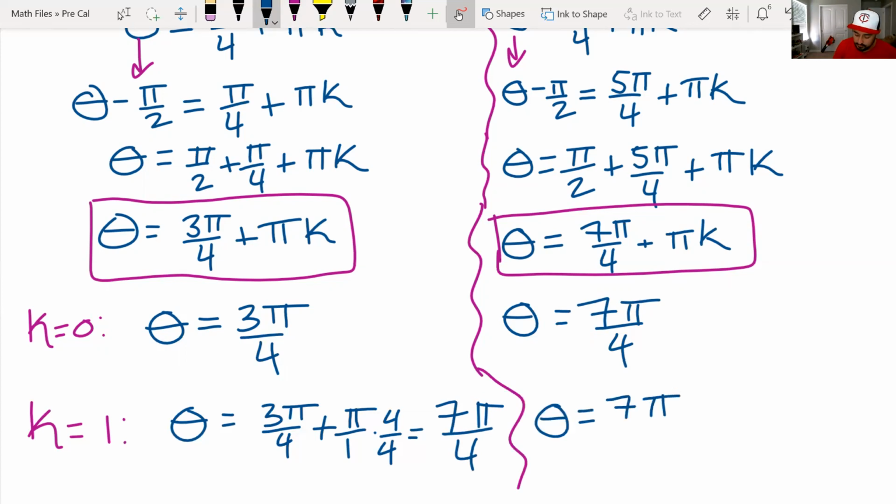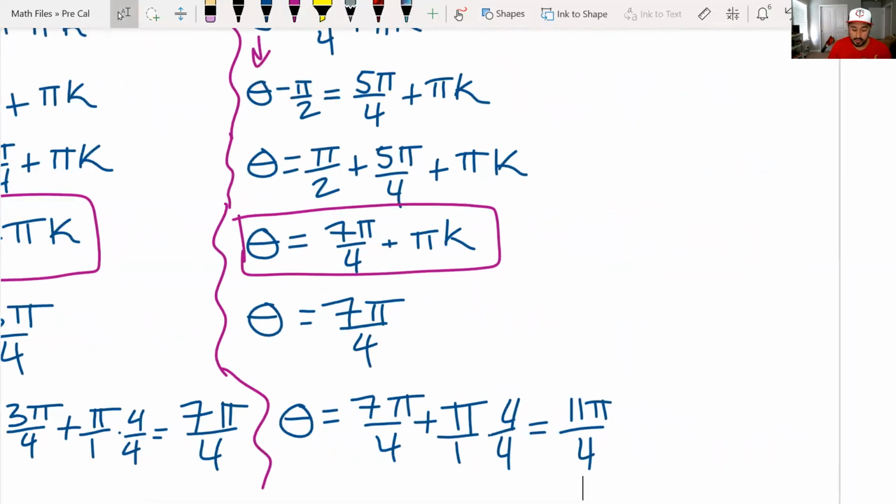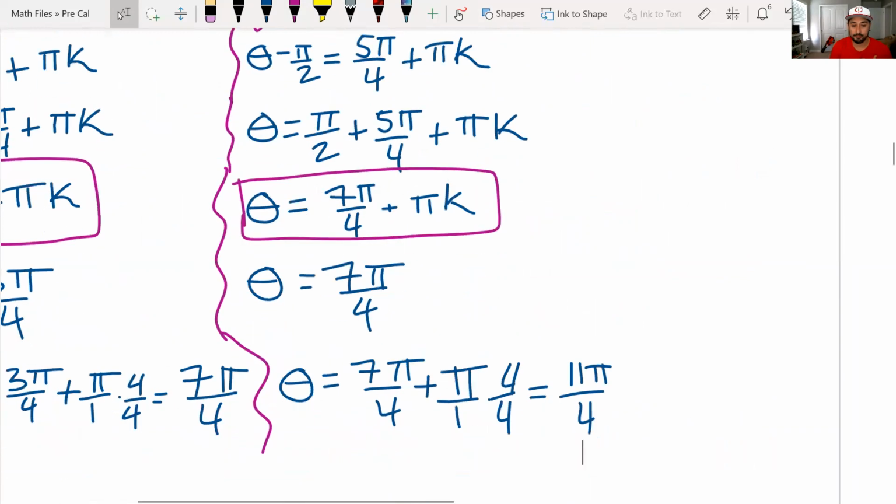theta is 7 pi over 4 plus pi. Put that over 1, common denominator of 4. You get 7 pi over 4 plus 4 pi over 4. That gives us 11 pi over 4. Can we use 11 pi over 4? Is that within the unit circle, 0 to 2 pi?